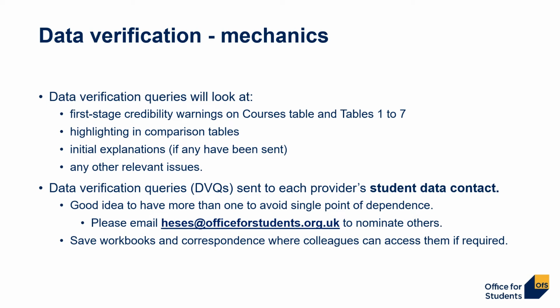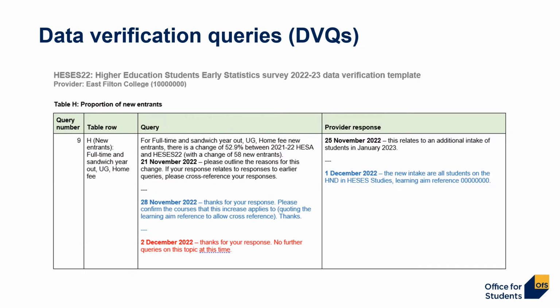Now we'll look at an example of the format of the DVQs and how they are built up through the data verification process. This slide will give you an idea of the back and forward of the data verification process. Here's just one page from the Word document that I've been describing that's exchanged between the data verifier and the student data contact throughout the verification process.